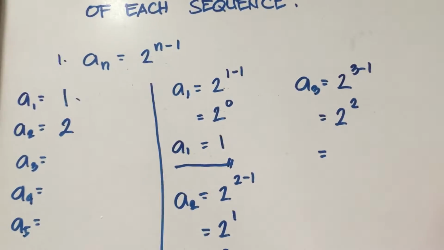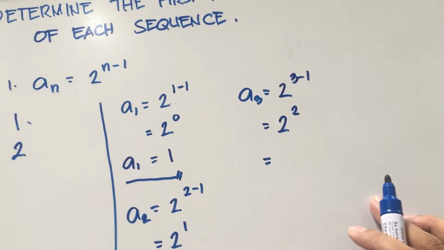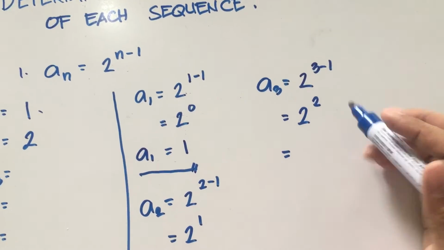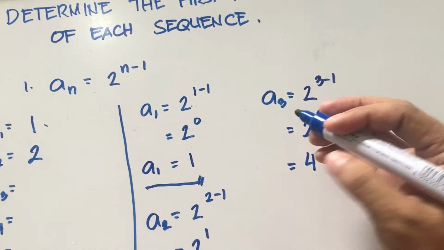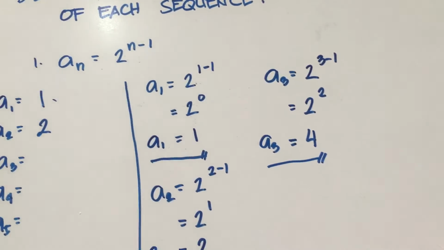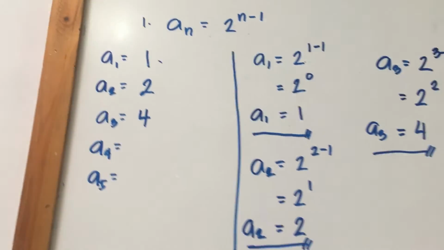What is 2 raised to the power of 2? That is equal to 4, since 2 raised to the power of 2 is just 2 times 2. So your a sub 3 is equal to 4.